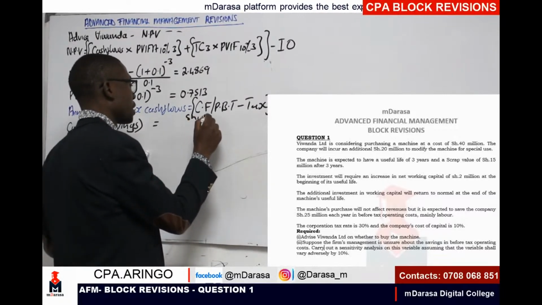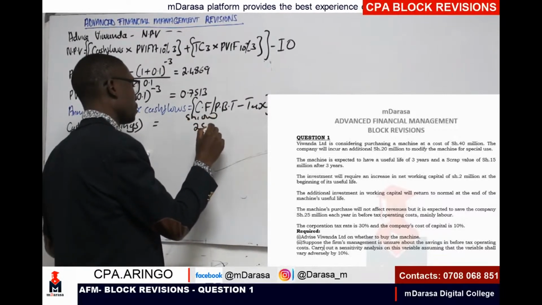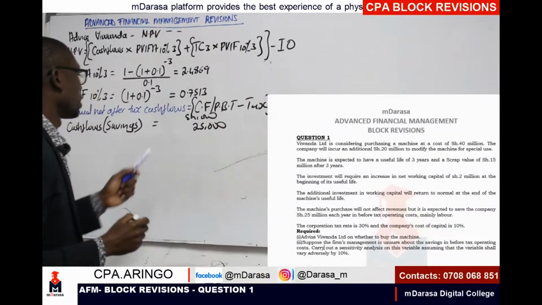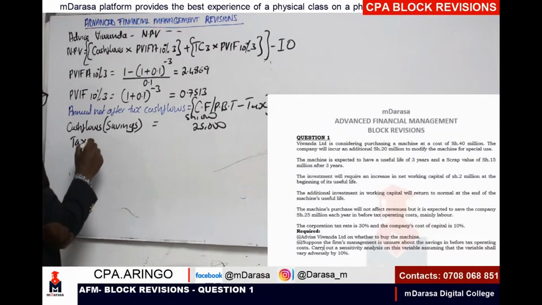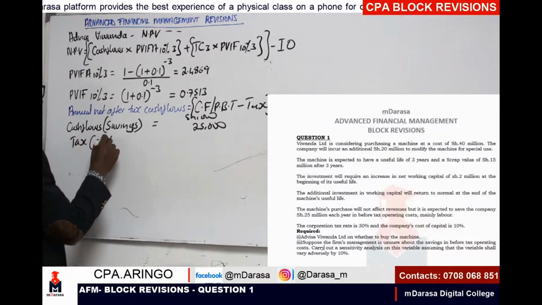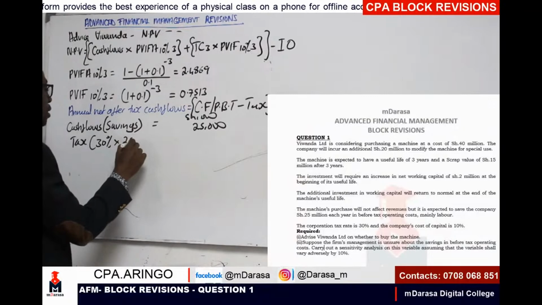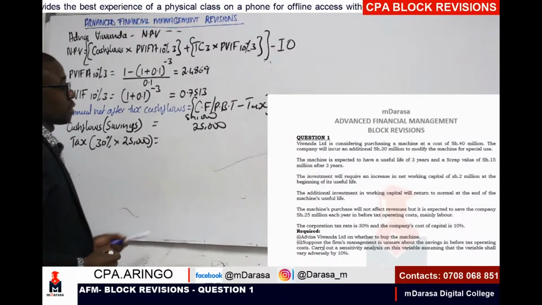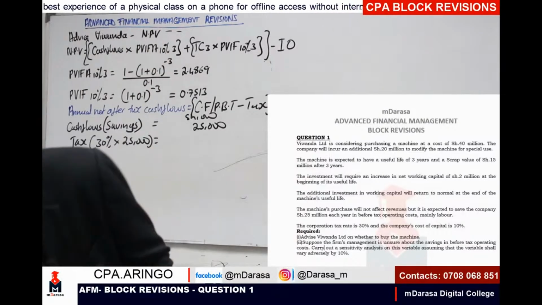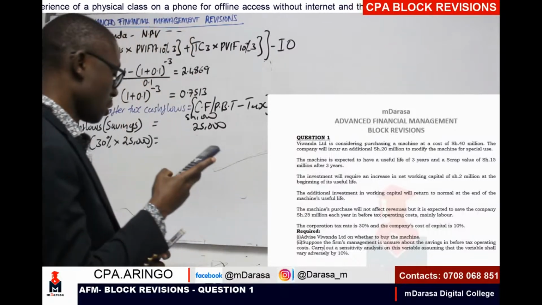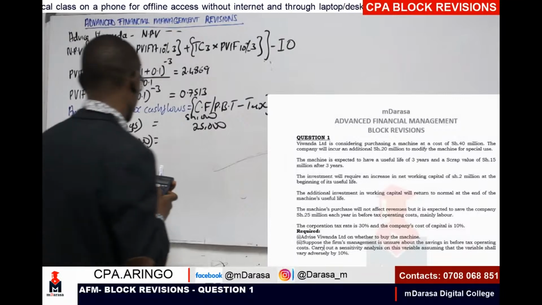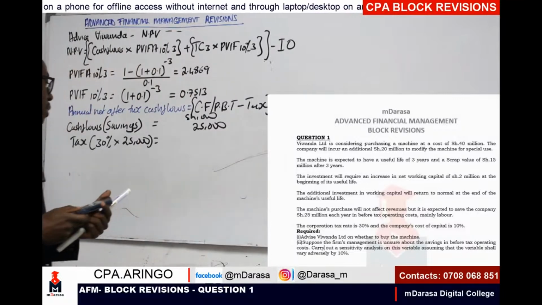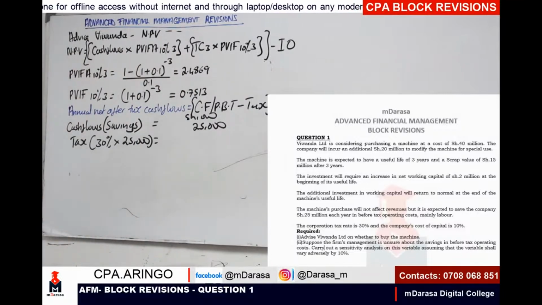Allow us to put our figures into thousands. What is our tax component? The examiner had given us 30% times 25,000. That is 0.3 times 25, which gives a figure of 7.5.